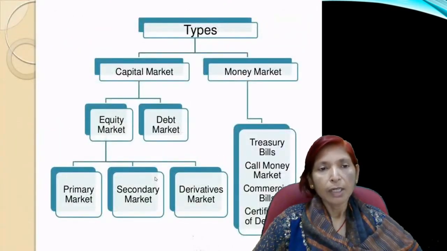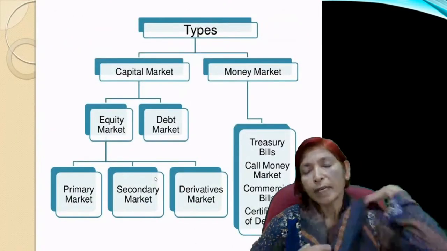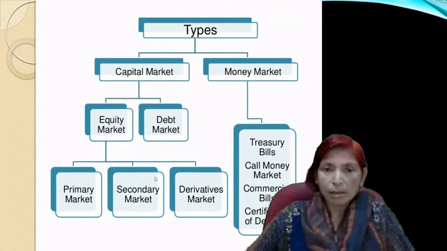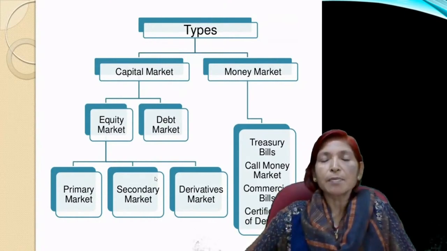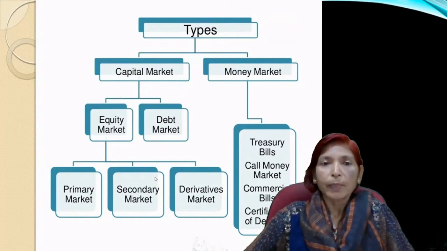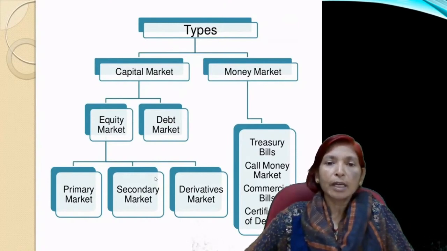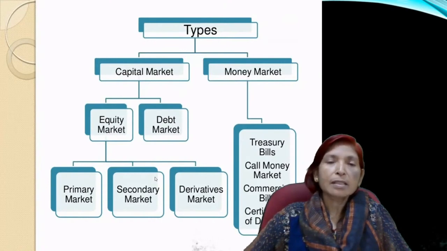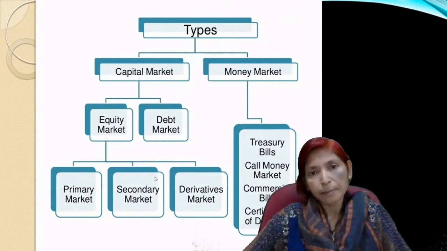Next is the types of financial markets and financial system. What are the various types of financial system? The financial system can be broadly categorized into two parts: one is the capital market and the other is the money market.